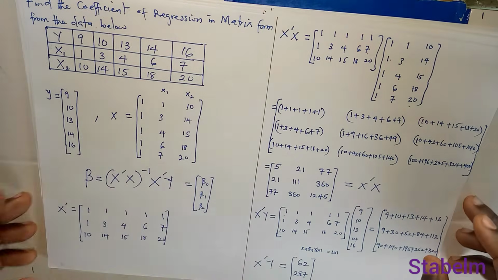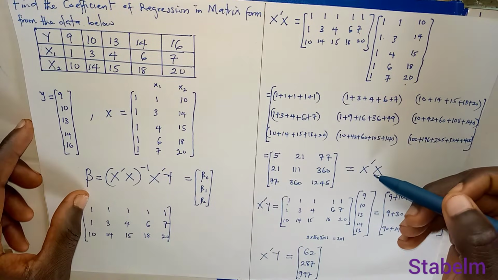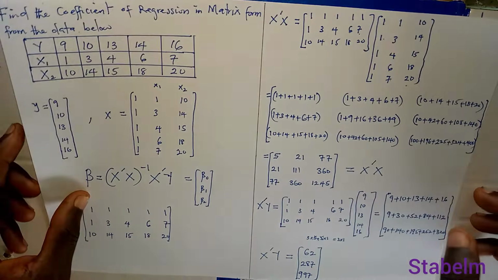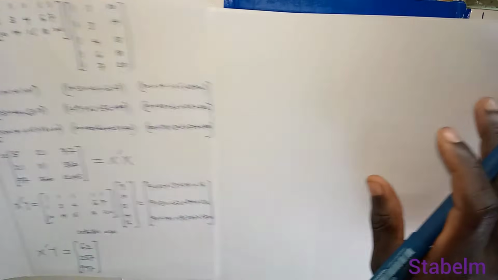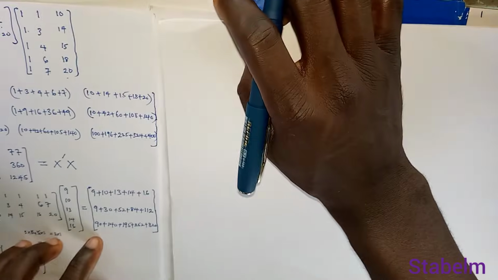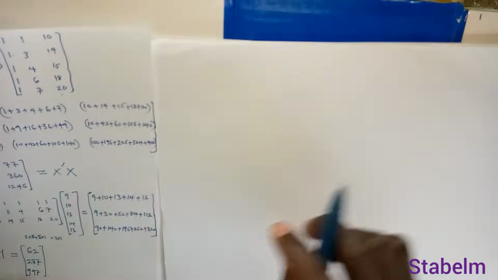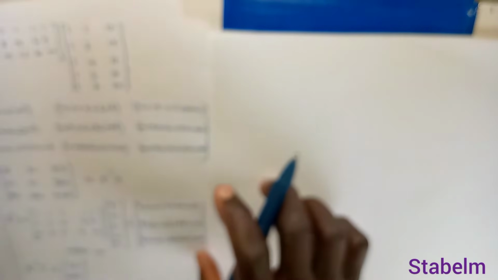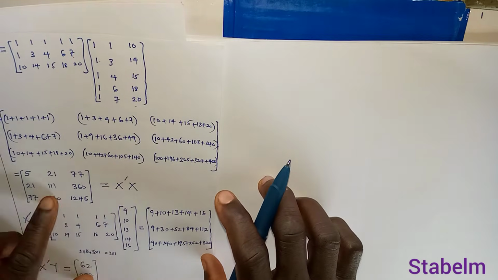Alright, now let's look for our X prime X. Before we move any further, let me write our X prime X here before we look for the inverse. So X prime X is this value here.